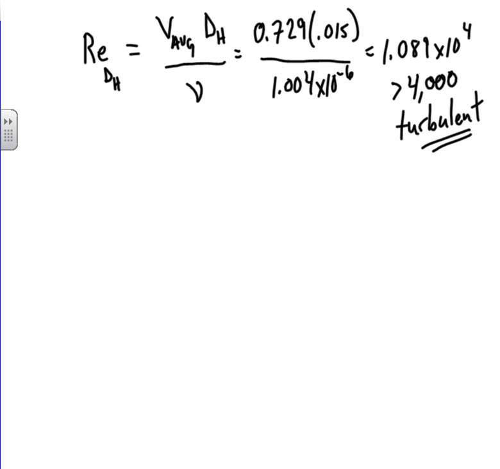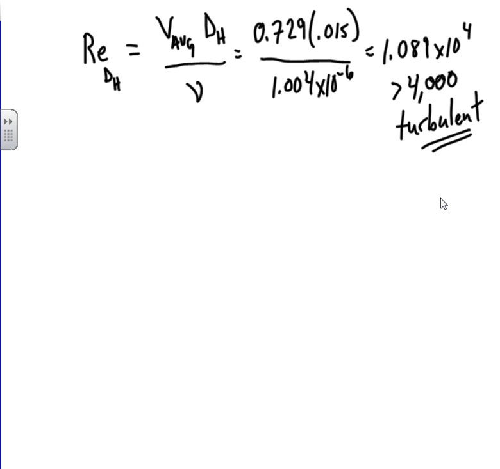Okay. So we know that when we have turbulent flow for a non-circular cross-section, we're allowed to use the circular correlations, but all we need to do is substitute out the diameter of a tube with this hydraulic diameter, okay?